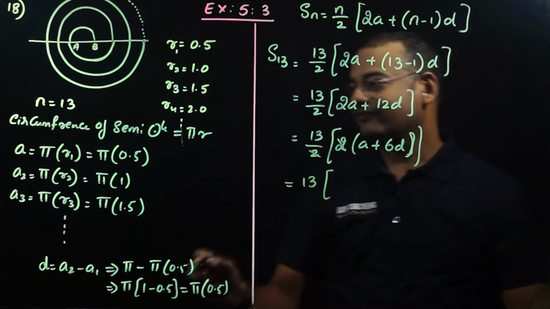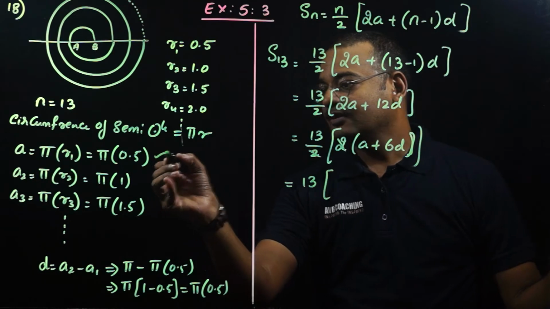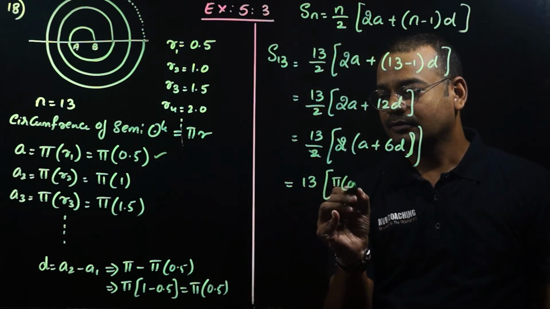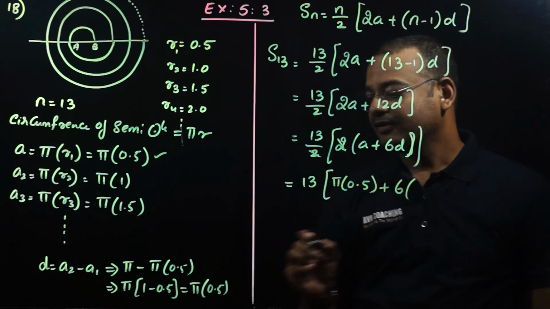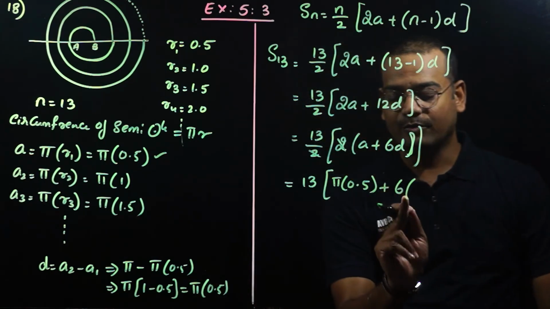Now we will substitute the A value. The A value is pi into 0.5, plus 6 into D. The D value is pi into 0.5 again.